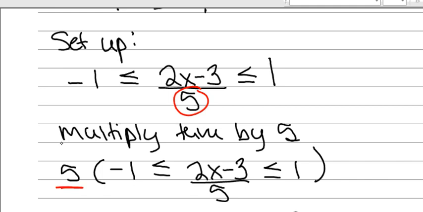So I'm going to multiply through, distribute, multiply through everything by 5, because 5 is in the denominator. When I do that here, my 5s are going to cancel out.